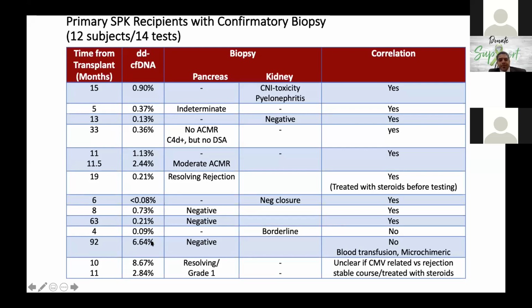So here, for instance, we had the test. The test was positive, and we did the biopsy for the dysfunction, and the biopsy was negative.